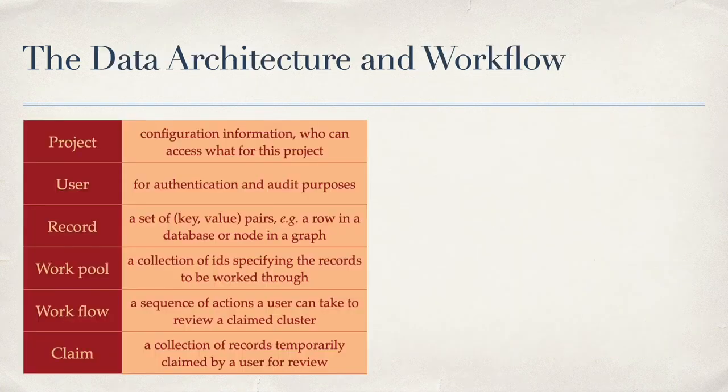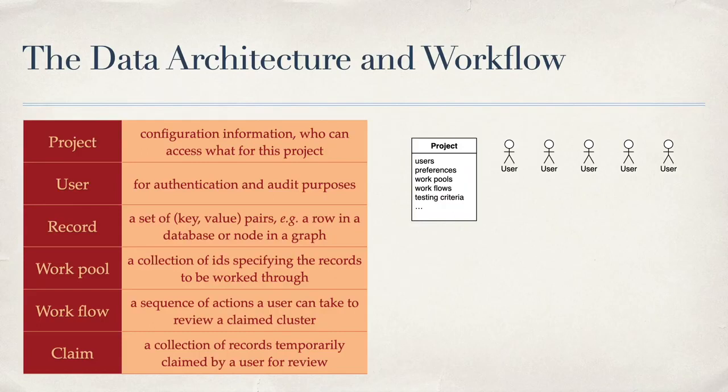The review tool depends on only a small subset of the sophisticated abstractions available in the NGLMS. A project contains meta information about the task at hand, which users are associated with the task, associated work pools and workflows, and any customizable status indicators. Users are needed for authentication and audit. This is essentially a username and password.